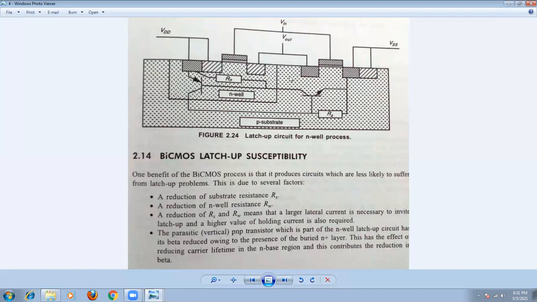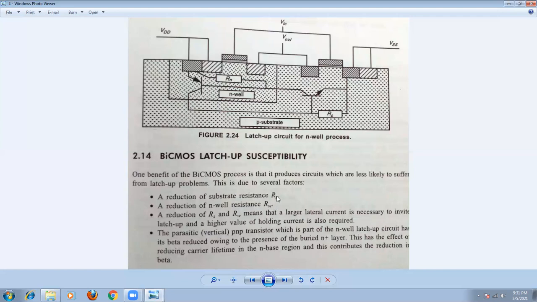Now, similarly, we have the BiCMOS latch up also. These are the BiCMOS latch up structures. How do we eliminate the latch up problem? In BiCMOS, you can reduce the latch up mechanism by reducing the substrate resistance RS.